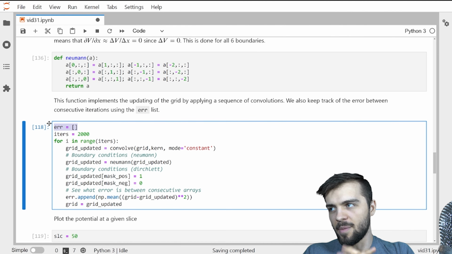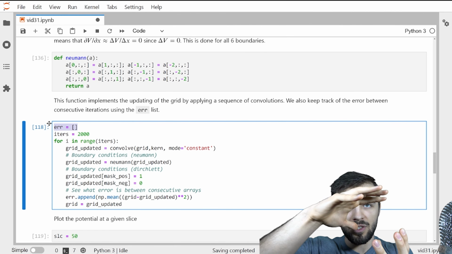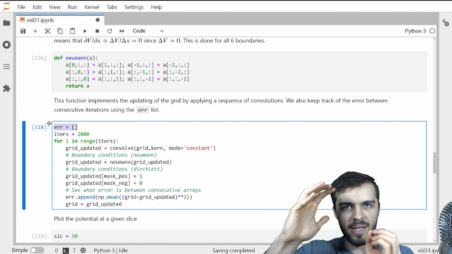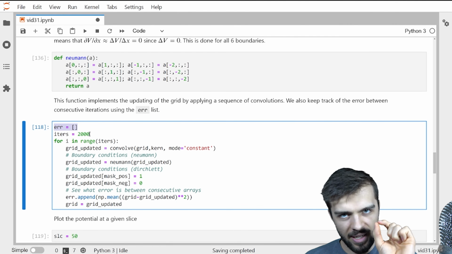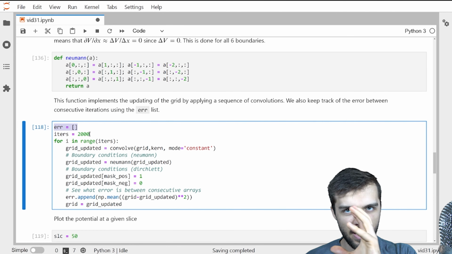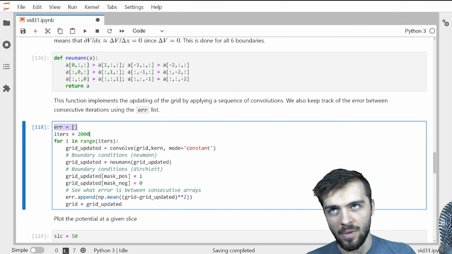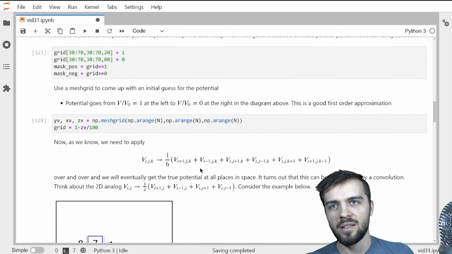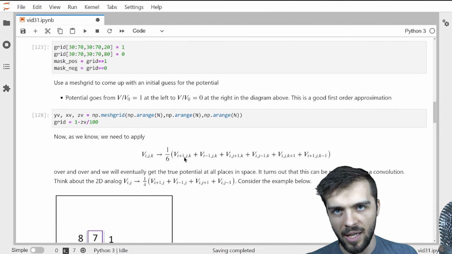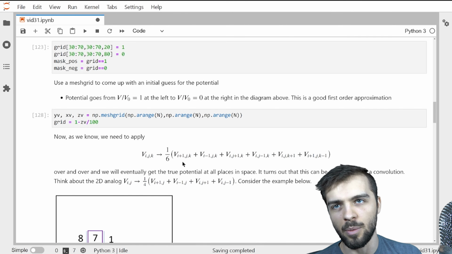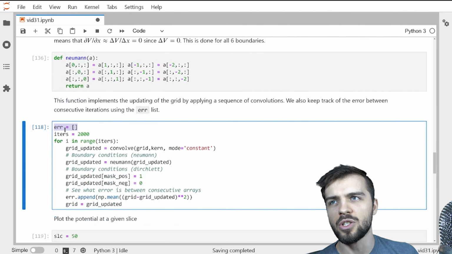So I have my current grid, and then I update it once, and there's going to be an error between consecutive iterations. I want to iterate until that error, the difference between before and after, is small enough that it stops updating. Once it stops updating, that's a good sign that we've reached the final solution. So I'll just store those errors.